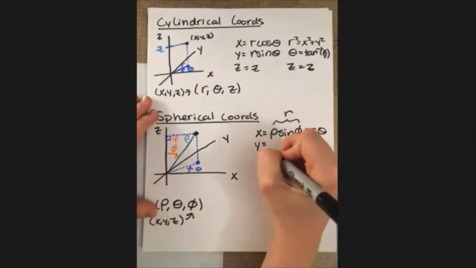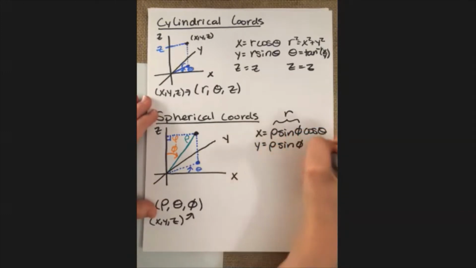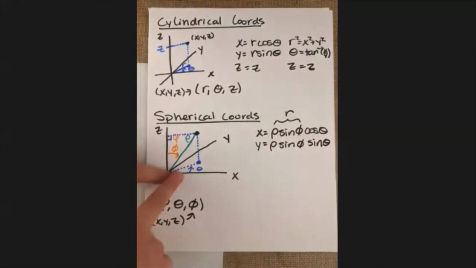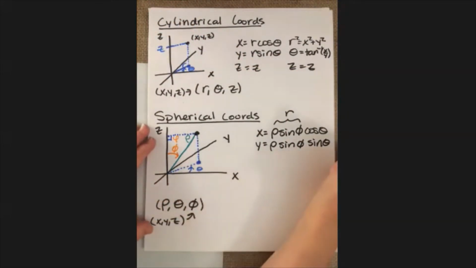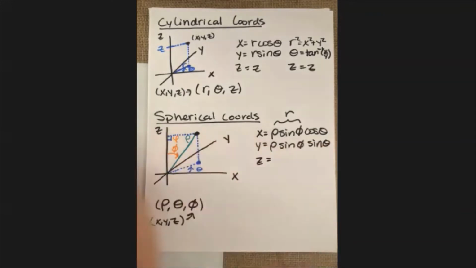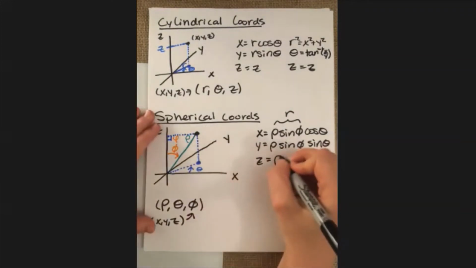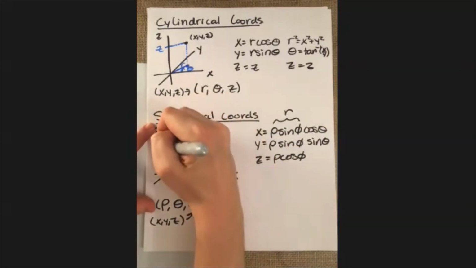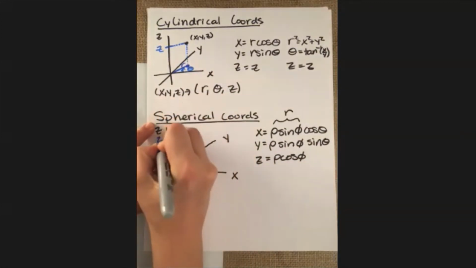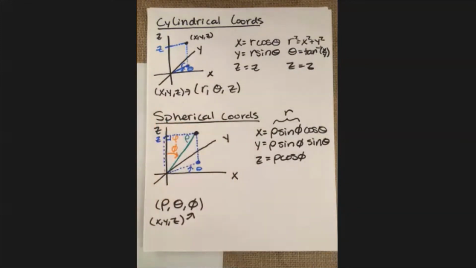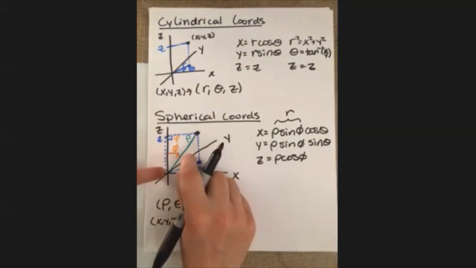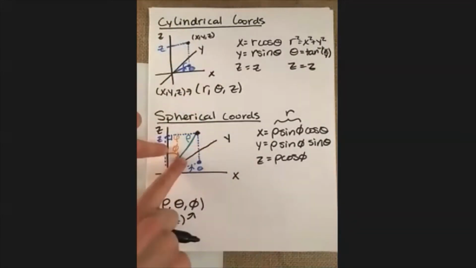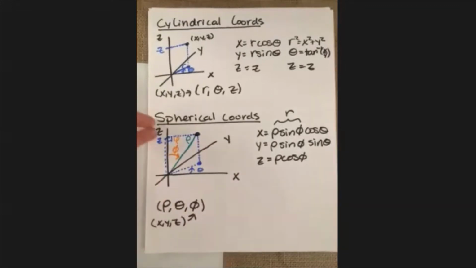So similarly, y is rho sine of phi, and then sine of theta, because again, same idea as right here. We're working with this angle down here in the xy plane. And then now z is equal to rho cosine of phi, because z is just this piece here, right? So this is the adjacent leg for this angle here. So cosine of this angle times our hypotenuse rho would give you the height there.